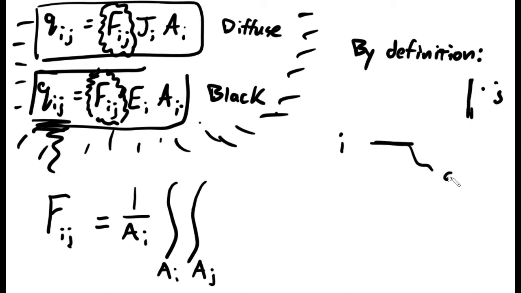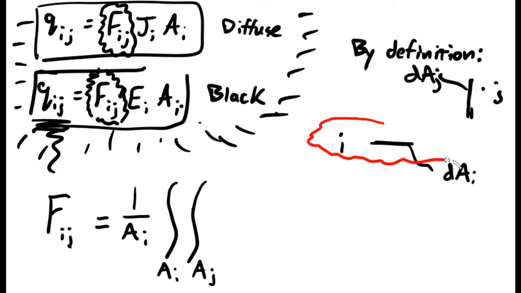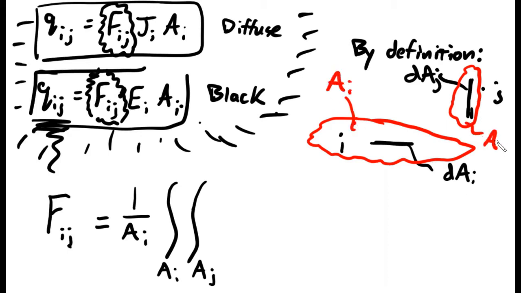What we're going to do is say that these are differential areas, a differential area I and a differential area J, of some bigger areas, AI and AJ.